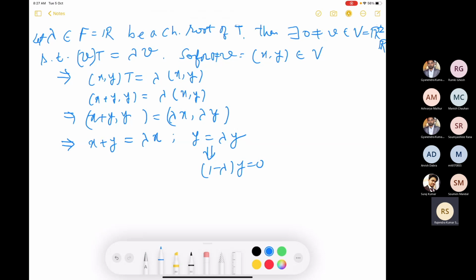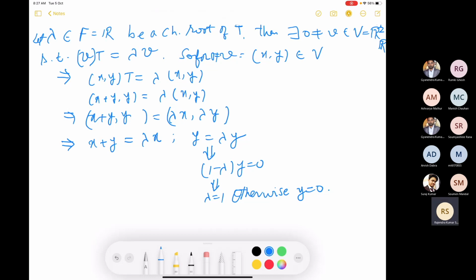Now this implies lambda is equal to 1. Otherwise, what will happen? Y will be 0. But if y is 0, then what will happen?